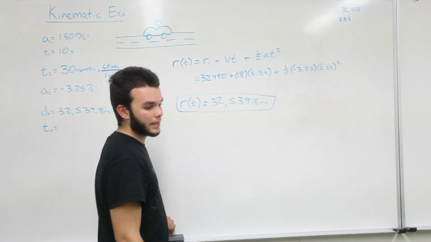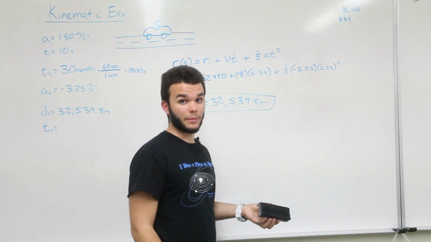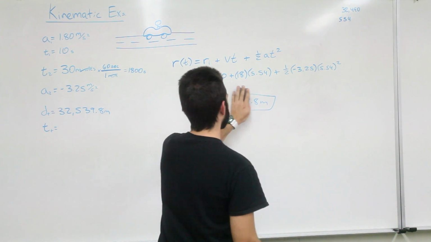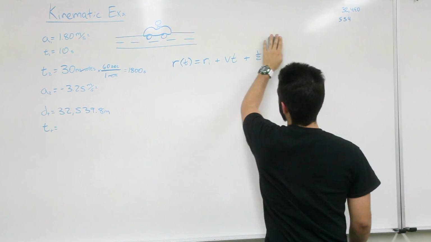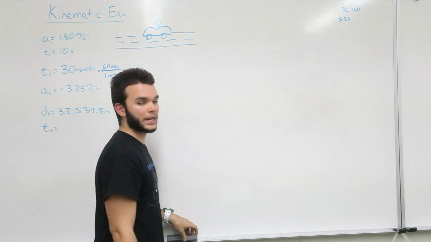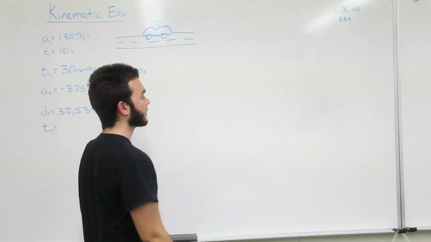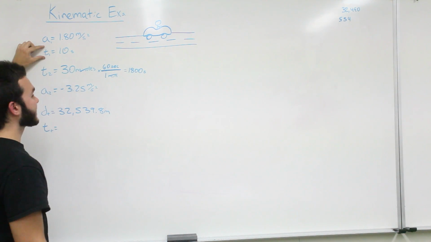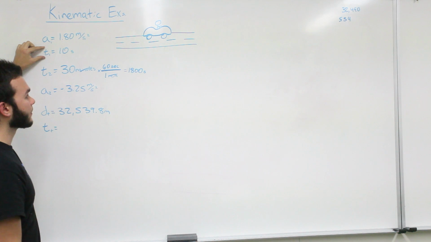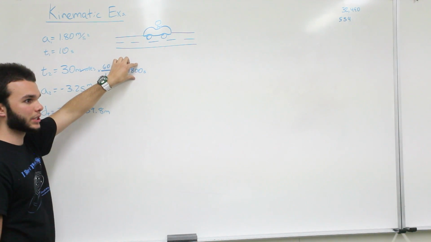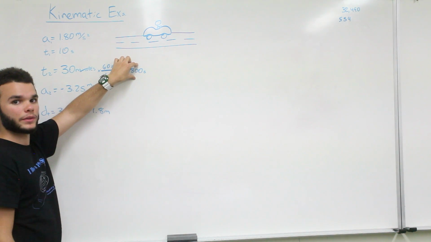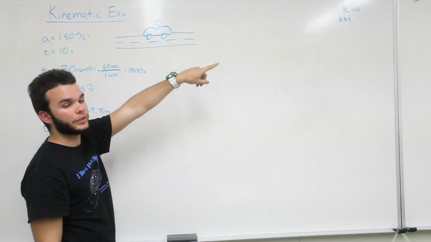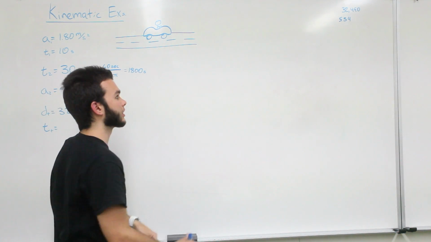Perfect. Now we're going to find the total time it took us. That's a lot easier because we already solved for all the times that we needed. So it took us 10 seconds to do our acceleration, 1,800 seconds in the travel time, and 5.54 seconds in the deceleration.